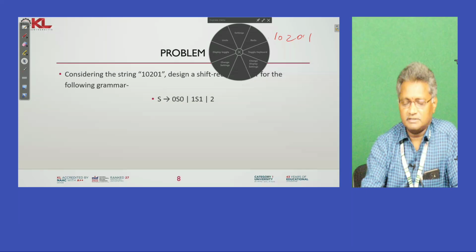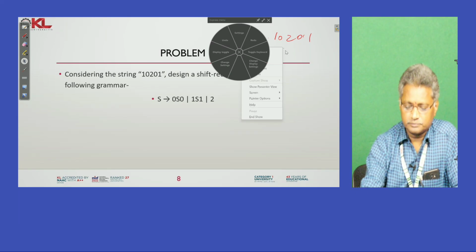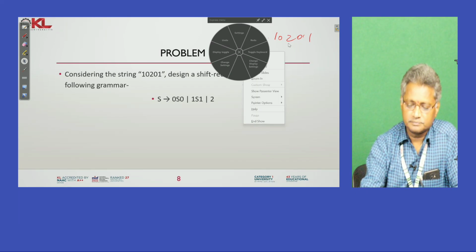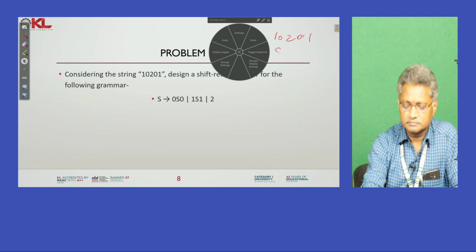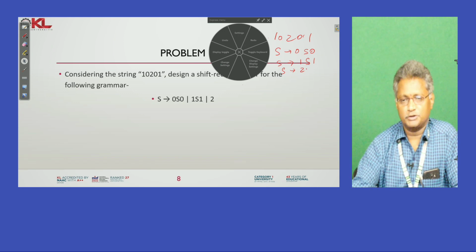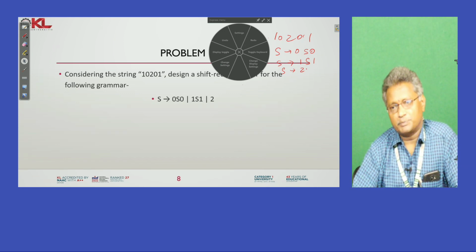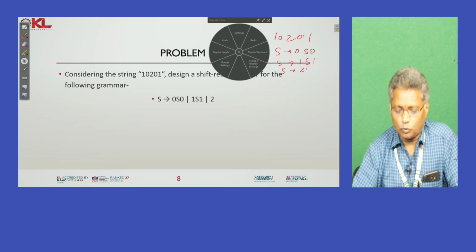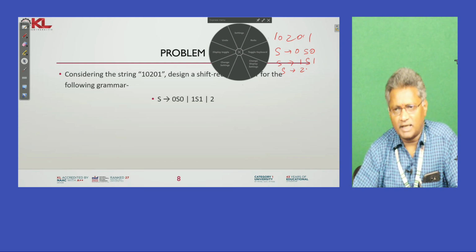That grammar is S derives 0 S 0, or S derives 1 S 1, or S derives 2. Using this grammar, design a shift reduce parser for the given string 1 0 2 0 1.